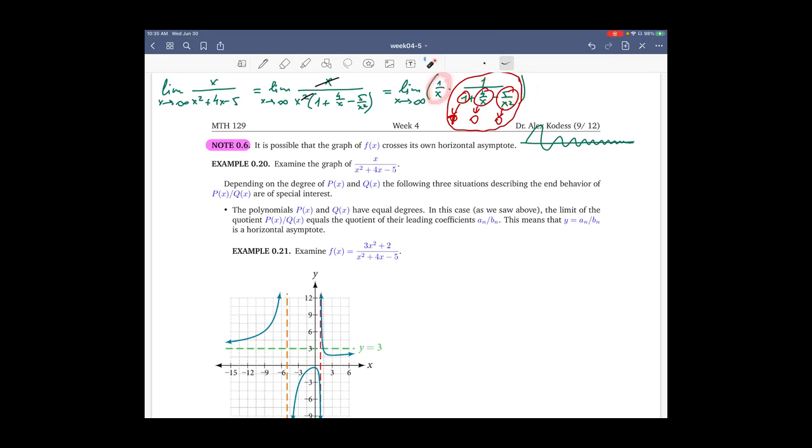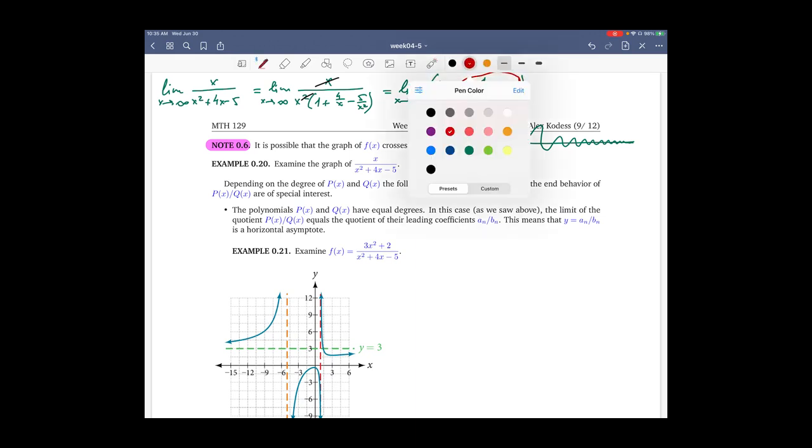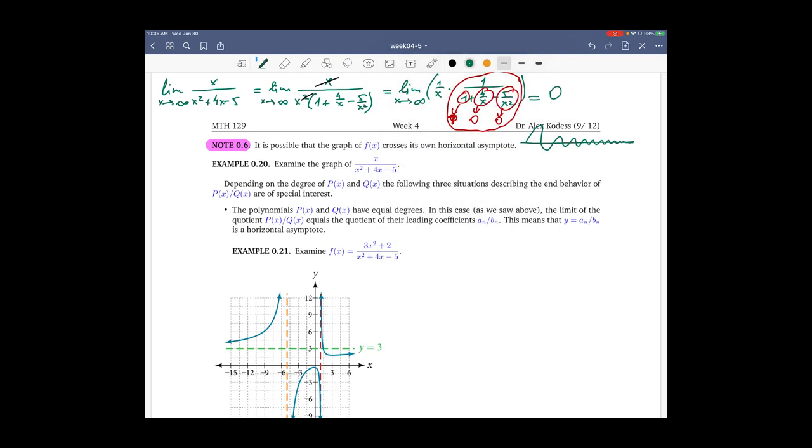But now there's 1 over x, where x is huge. When x is huge, 1 over x is small. So small times 1 is small. So it means that the graph of this function has the x-axis as a horizontal asymptote.